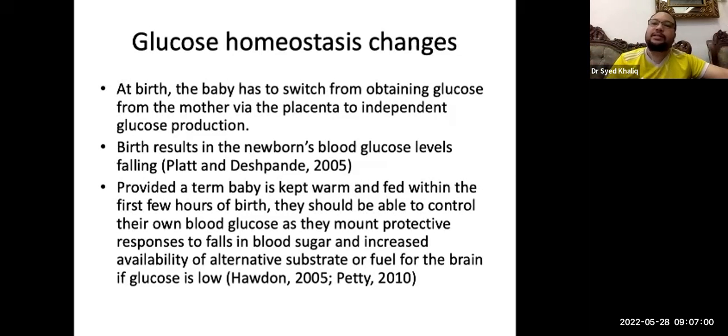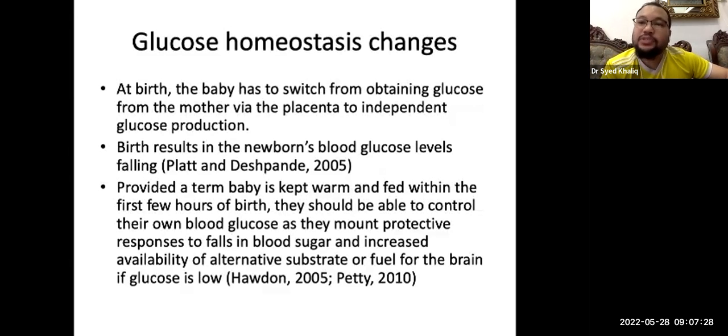We cut the placenta. We cut the umbilicus. Baby is not getting high levels of sugar from mother anymore. But the pancreas has been used to excreting high levels of insulin. So this is what we call hyperinsulinism. Because the pancreas is so used to producing high levels of insulin.